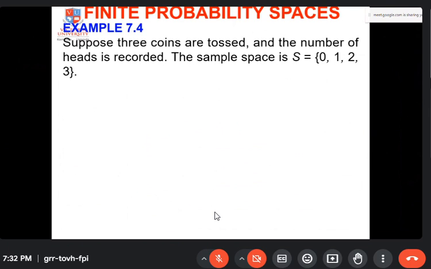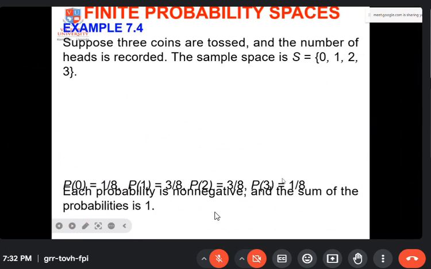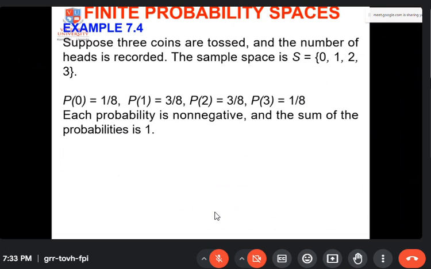Okay, so there are also 3. How about the probability of getting 3 heads? It is 1. So that is 1 over 8. Is that right? Yep.